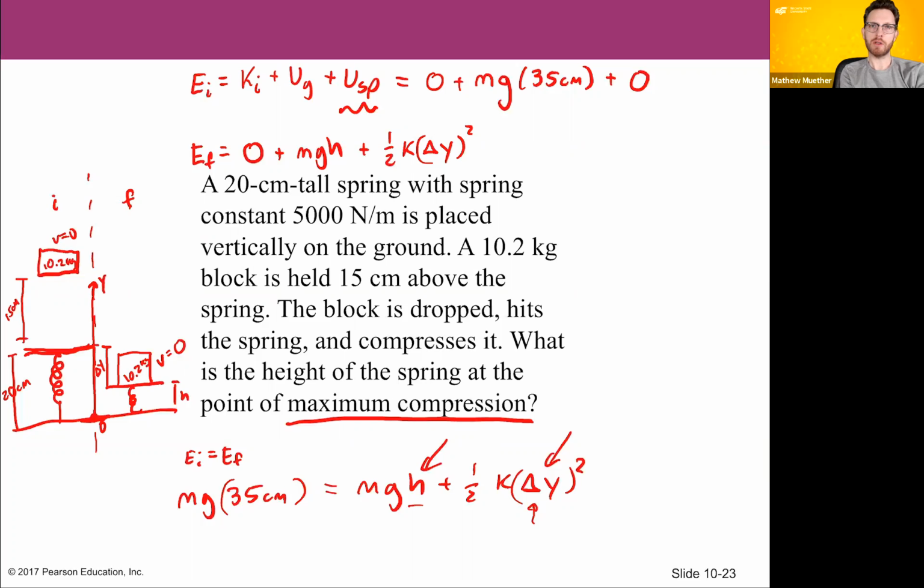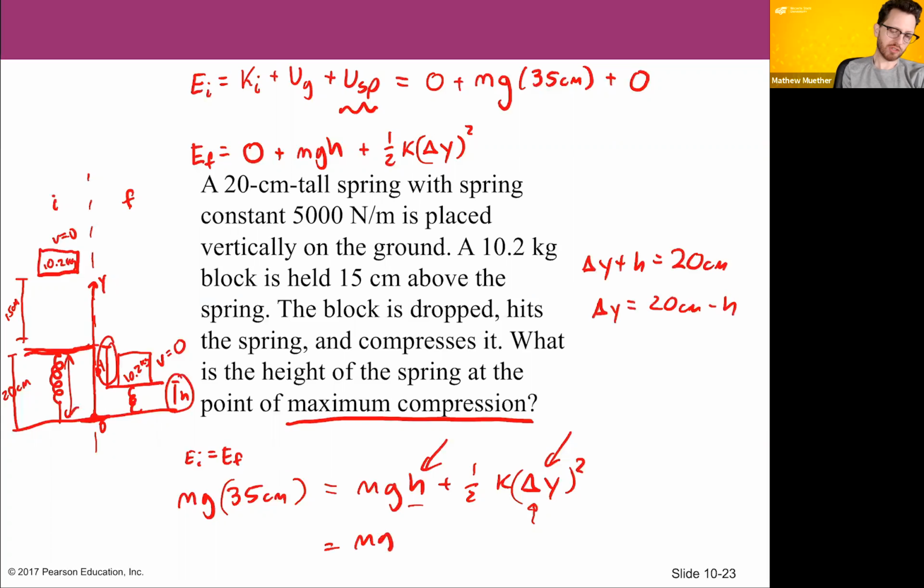Yeah, so Logan says delta y is 20 centimeters minus h. Right, I can see that the height above the ground plus the stretch of the spring need to equal the original height of the spring. I can see delta y plus h has got to be equal to 20 centimeters. Delta y has got to be equal to 20 centimeters minus h. So I can rewrite this.